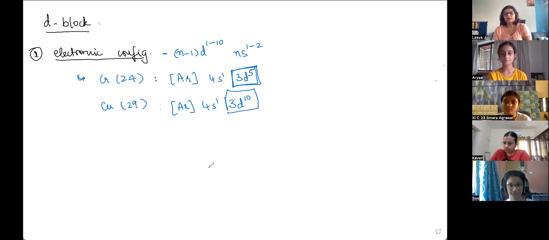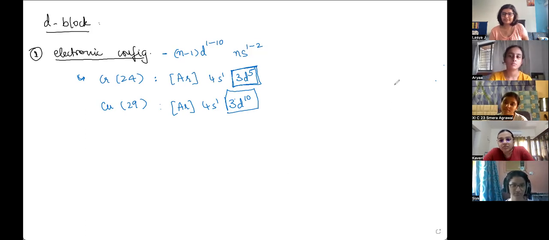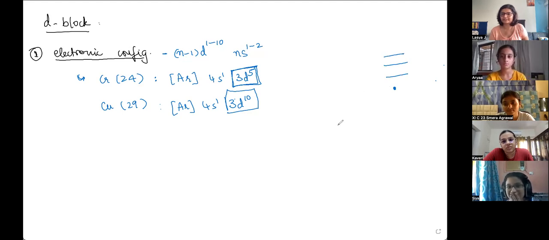Okay. Another thing to remember is, if you go back, do you guys remember the formula for the energy levels in an atom? I know this is really, really far off, first chapter in 11th grade, but do you recall it? Recall what? The formula for energy level, like first shell ka energy kitna hai, second shell ka energy kitna hai, third shell ka energy kitna hoga?